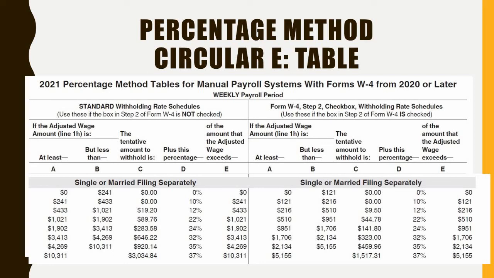Yes. Did she earn more than $1,021? No. So therefore, we have to back up and say, okay, we know she earned at least $433, but she's earned less than $1,021. This is the information I'm going to be using to calculate her federal income tax withholdings.